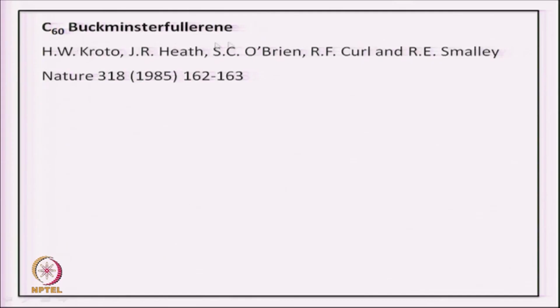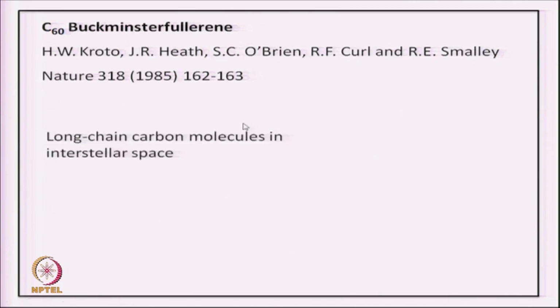Actually, their interest was in long chain carbon molecules in interstellar space, and they were trying to replicate some of these in the laboratory by evaporating graphite with a laser. In this kind of experiment, they came across this new 60 atom molecule, solved its structure and named it Buckminsterfullerene. For this achievement, they were awarded the 1996 Nobel Prize.